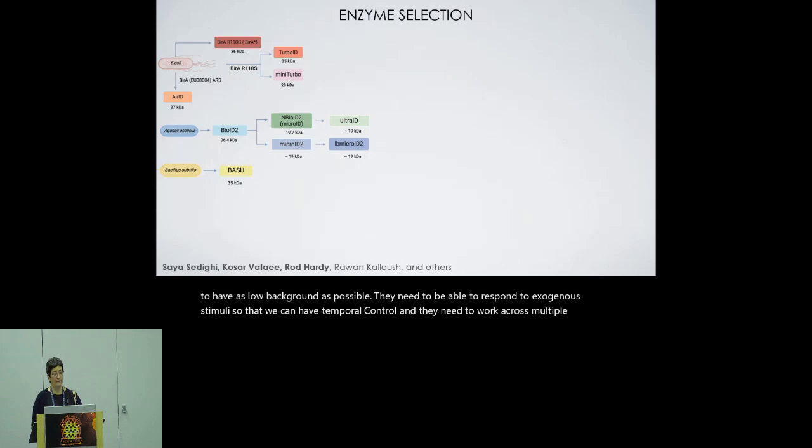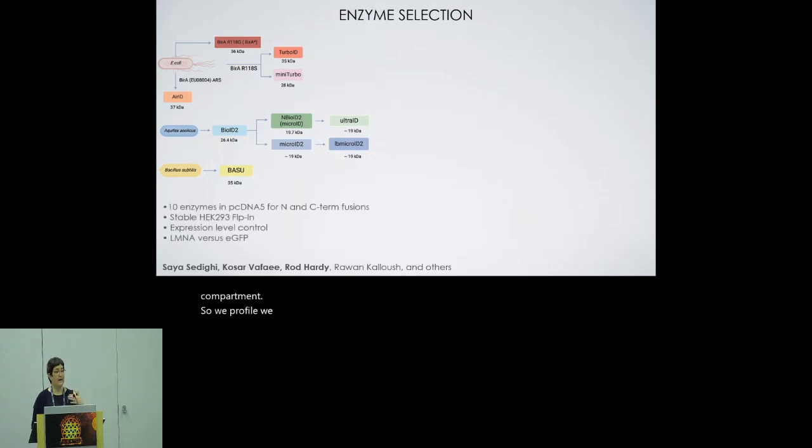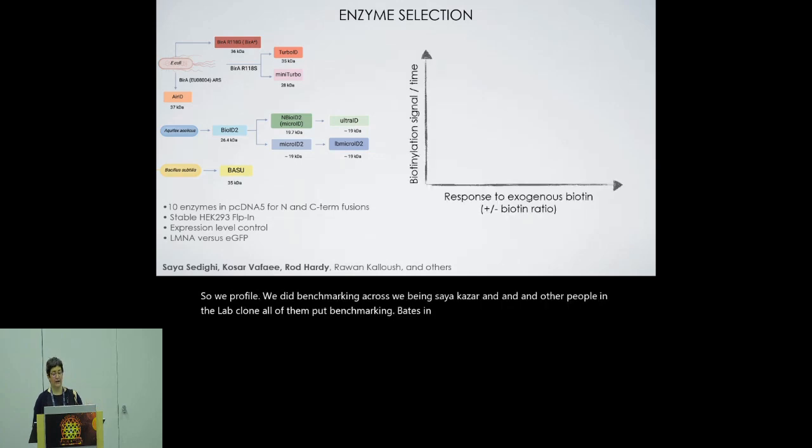So we did benchmarking, we being Saya, Kozar, and other people in the lab. We cloned all of them, put benchmarking baits in there, and essentially we're trying to do this optimization, where we want to have the highest signal in the lowest amount of time and a really good response to the exogenous biotin.